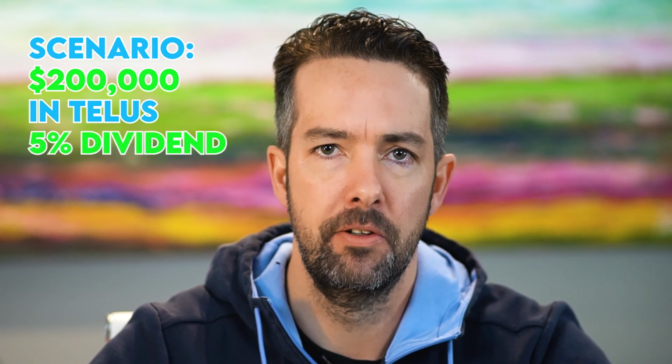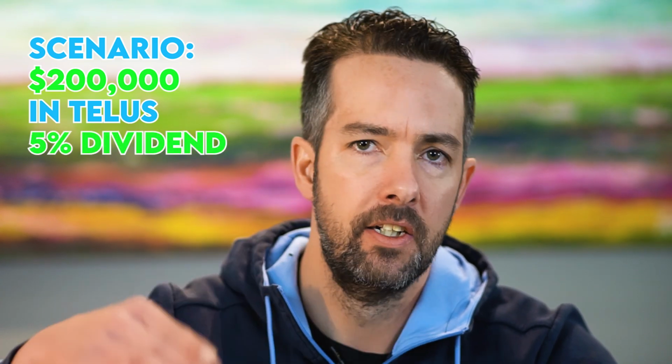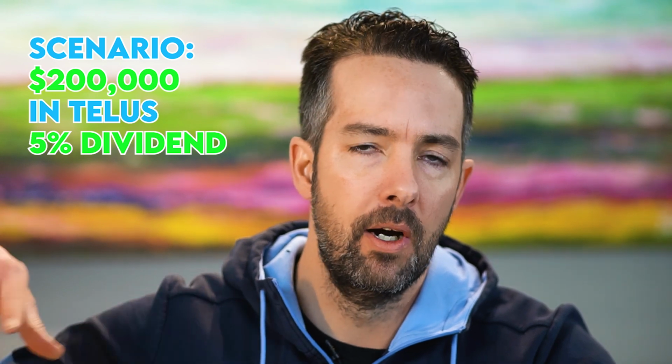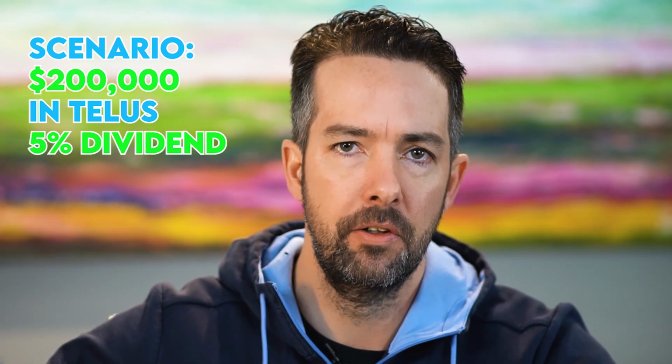Let's say you have $200,000 invested in, say, TELUS, and TELUS is paying approximately a 5% dividend every year. Your share value is going to go up and down, so the dividends are going to be different.